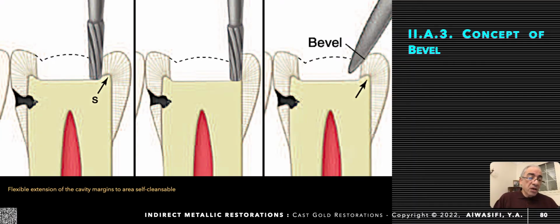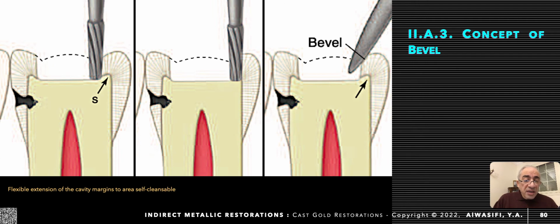When you laterally extend the cutting of your cavity, you need to be in a self-cleansable area. When you extend your cutting with your tapered fissure bur and diverge the walls, you are extra thinning this margin, which becomes weaker and weaker.